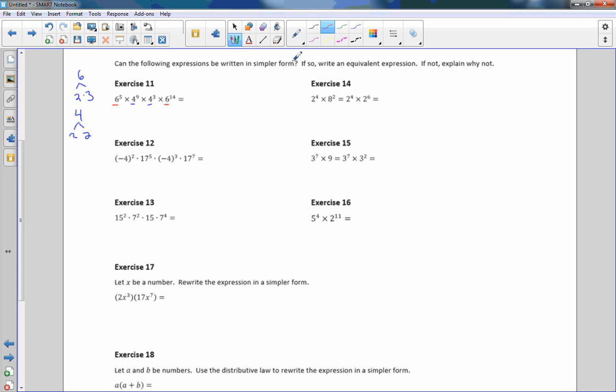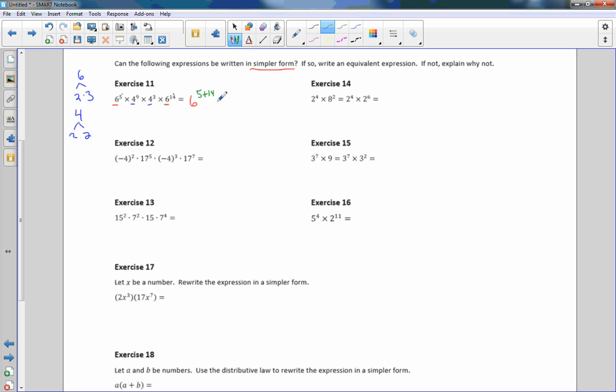So all I'm able to do here is come out with a simplified 2-piece multiplication problem. It can't be simplified any further without getting the actual answer, which is not what is being asked for. It says, can it be written in a simpler form? So 6 is going to be to the power of 5, and this 6 is to the power of 14, so it's 5 plus 14.